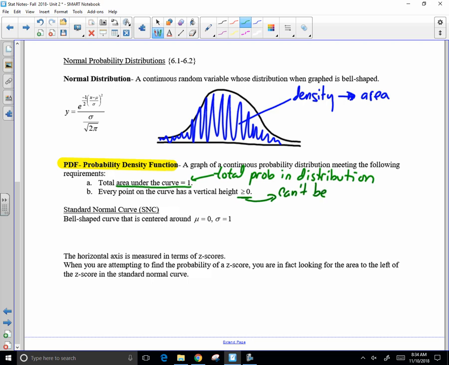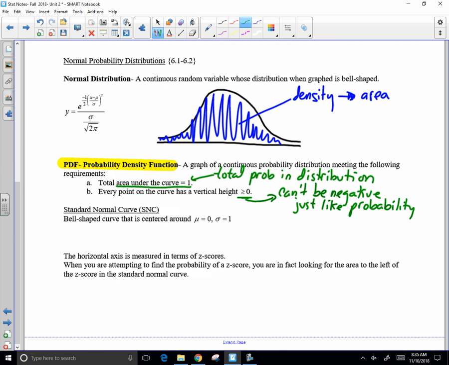Can't be negative, just like probability. All right, so what that's telling us is that a curve like this could be a good model for a probability situation. All right, so how does probability fit in all this?